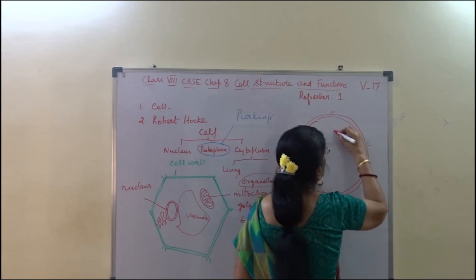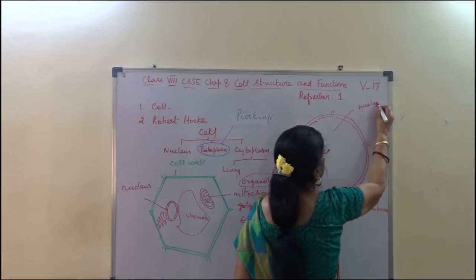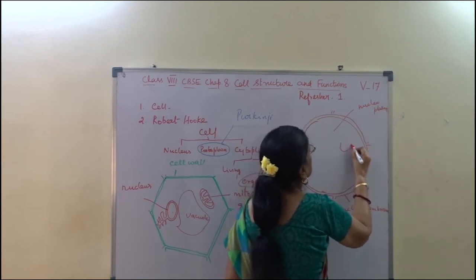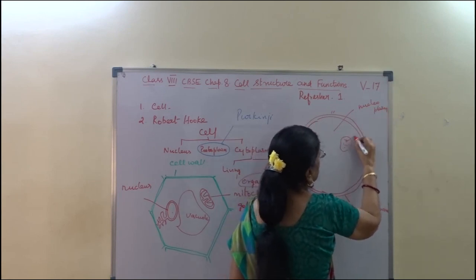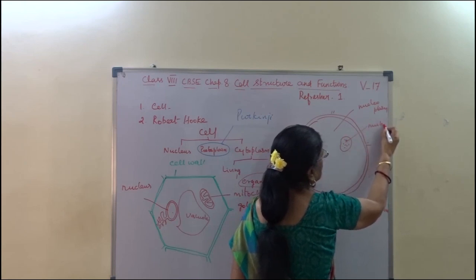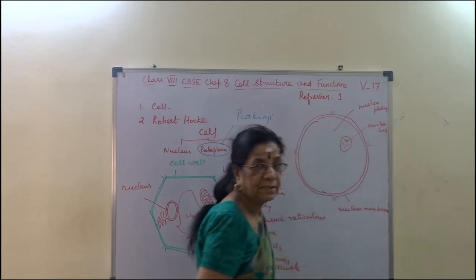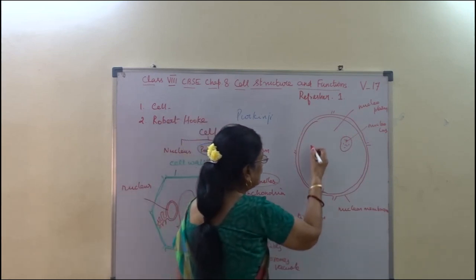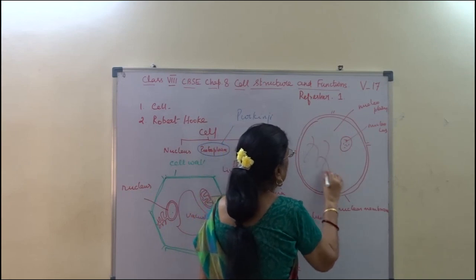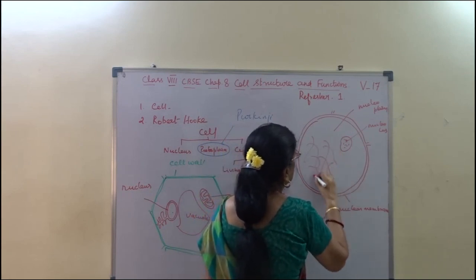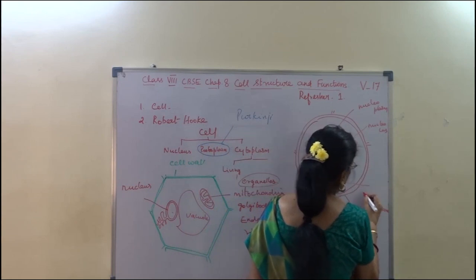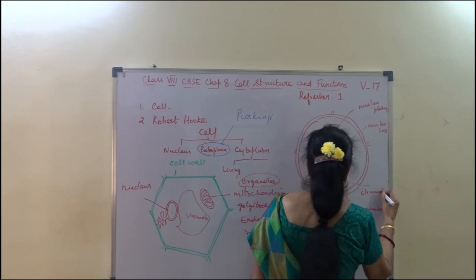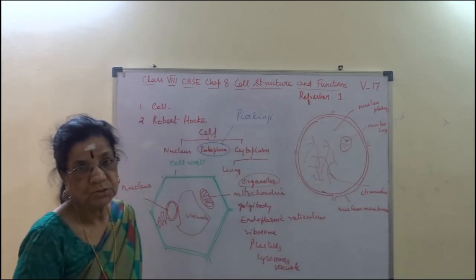This is the nucleoplasm, the cytoplasm here is called nucleoplasm. And then a spherical structure called nucleolus. Inner to that is a network of chromatin reticulum, which in turn forms the chromosome.